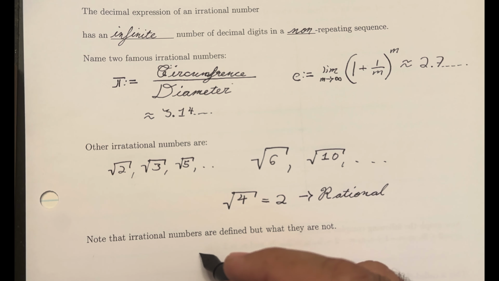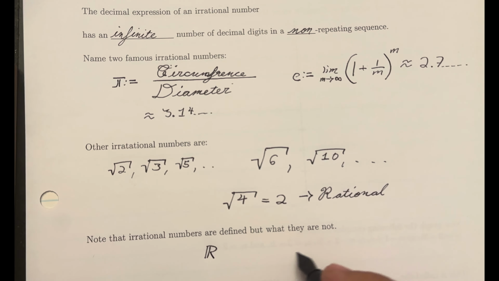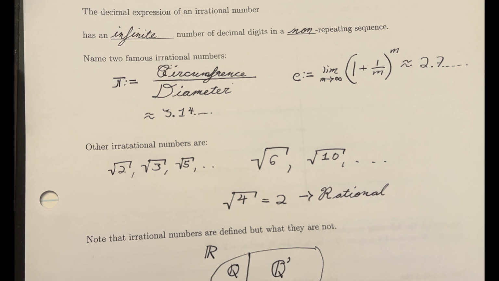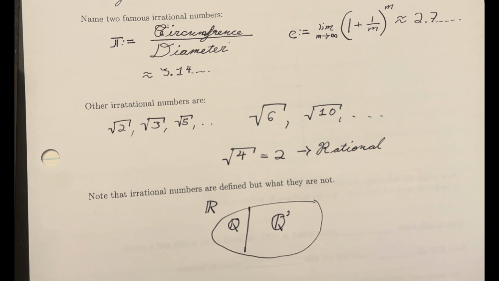So we will take a look at this. We've got our set of real numbers. And we have our set of rational numbers hanging out here. And we have our set of irrational numbers right here. Note that I intentionally made this portion larger, the portion of real numbers that are irrational, larger than the set of rational numbers.